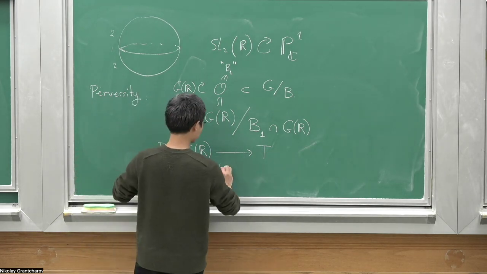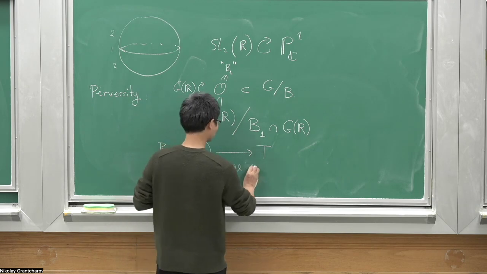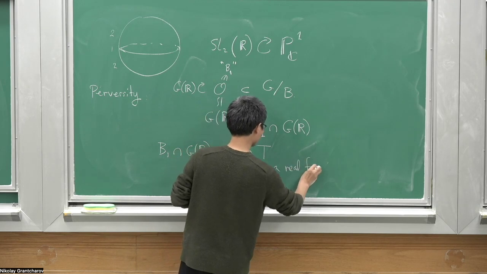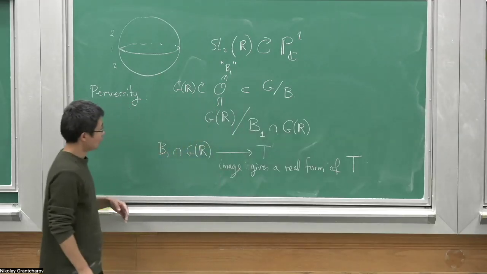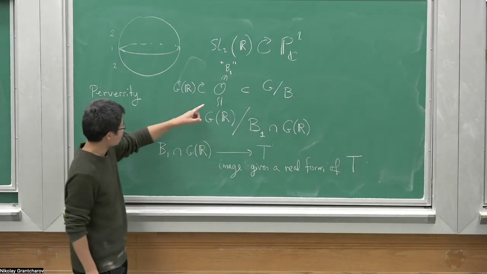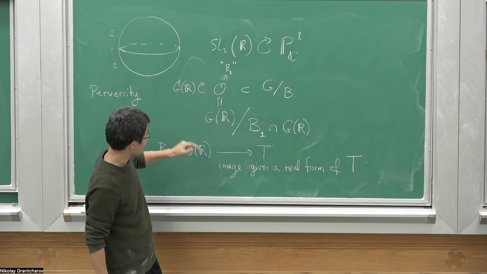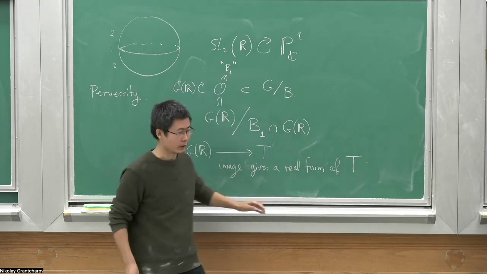The image here is a real form. And the idea is, out of the naive real dimension of this orbit, we need to adjust it by how compact this real form is.